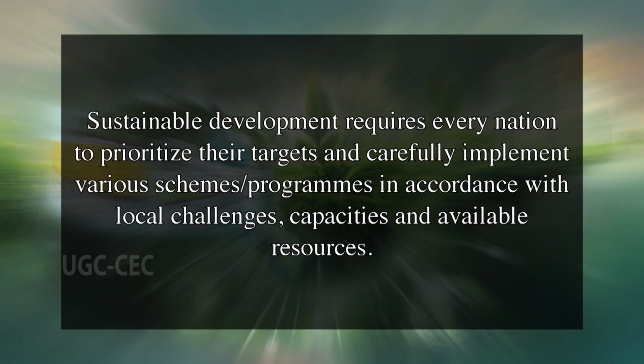Now we are going to discuss India's progress towards the Sustainable Development Goals. Sustainable development requires every nation to prioritize their targets and carefully implement various schemes and programs in accordance with local challenges, capacities, and available resources. India follows a holistic approach for achieving the Sustainable Development Goals by implementing a comprehensive array of schemes.